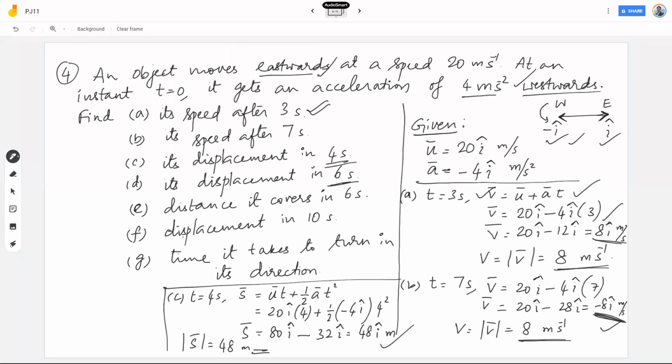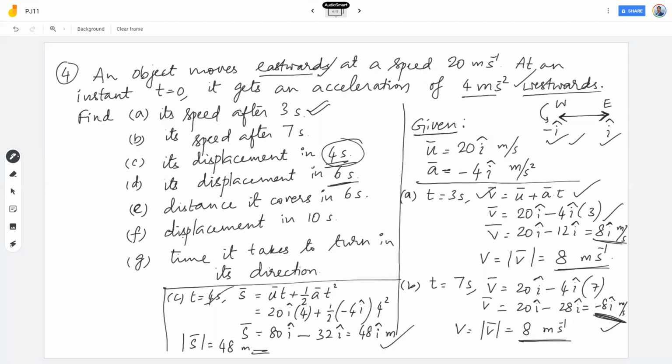Girish Khanna, check your answer D. Raj asks, sir, how is it 4 in third subdivision? Where is 4? What 4 are you asking about, Raj? T. T is equal to 4 is given, Raj. Third question. Where are you looking at?